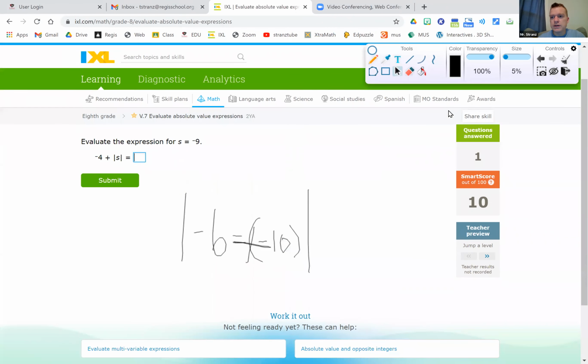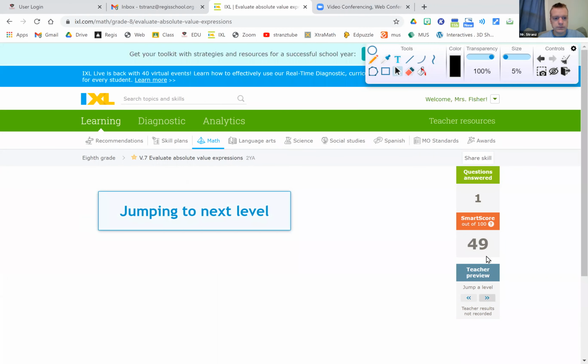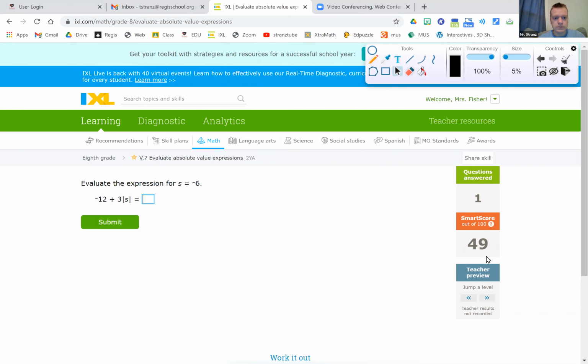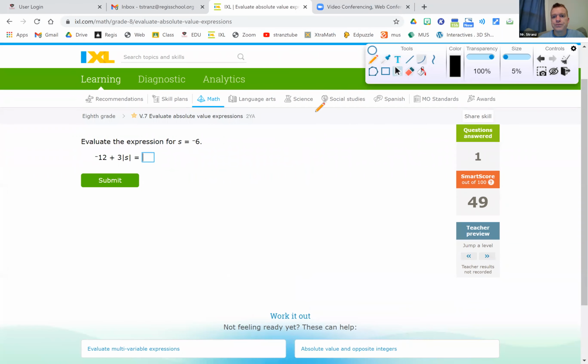Okay, let's look at another one. Let's see if I can get a harder one. Okay, so let's look at this one. All right, so we got -12, right, plus 3 times, since it's right next to it, it's going to be times, and it says -6 is going to be my S. Okay, since the -6 is in this absolute value, it's going to be a +6, right?